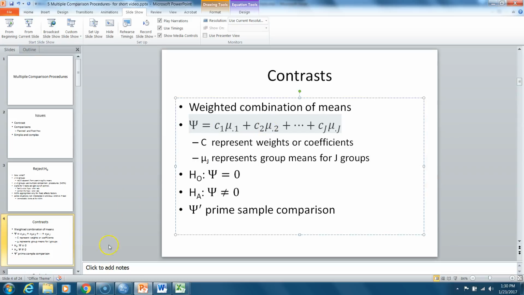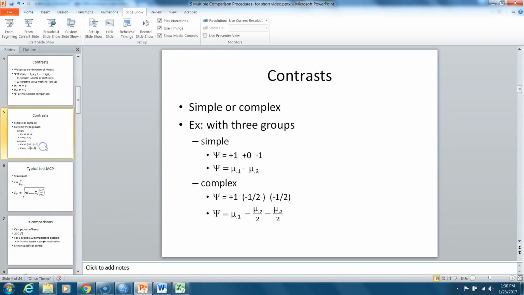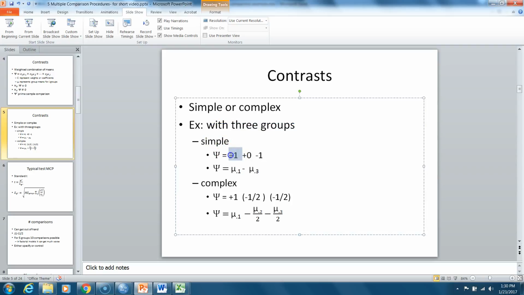In a really simple comparison, say we have three groups. We're going to take all of group 1 minus all of group 2, so we code it that way. So we end up with group 1 minus group 2. A more complex comparison would be if we want to compare group 1 to a combination of groups 2 and 3.